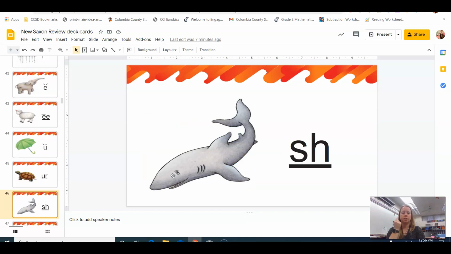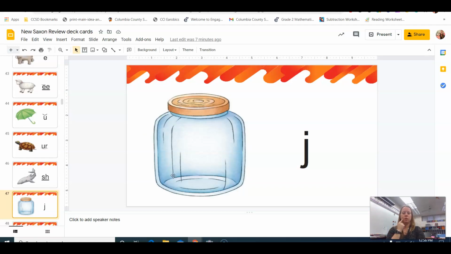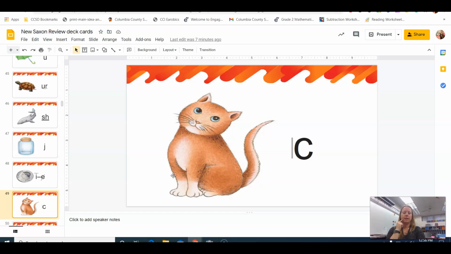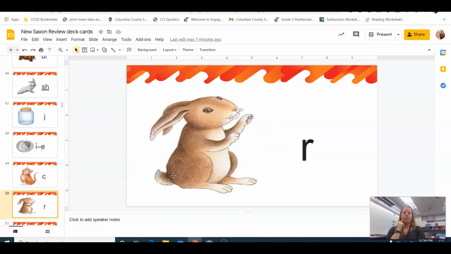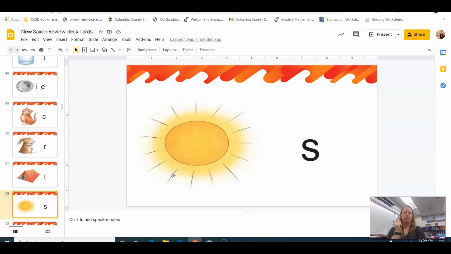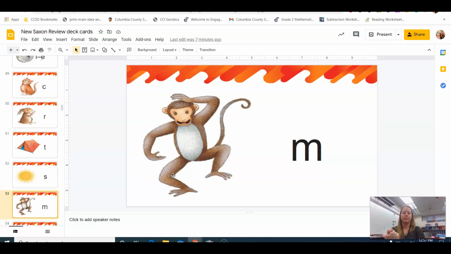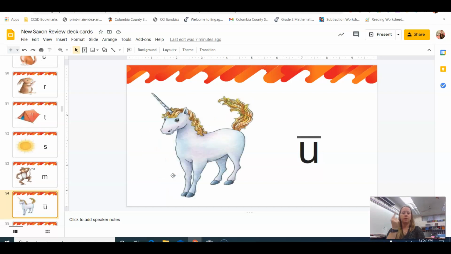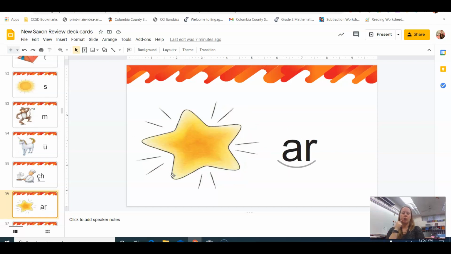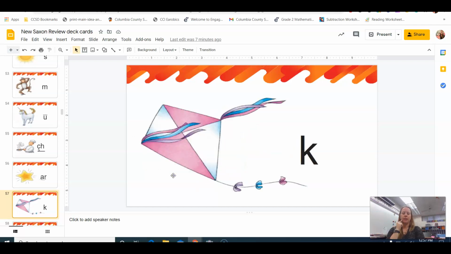Shark sh. Jar j. Dime i. Cat k. Tent t. Sun s. Monkey m. Unicorn u. Chef sh. Star r. Kite k.